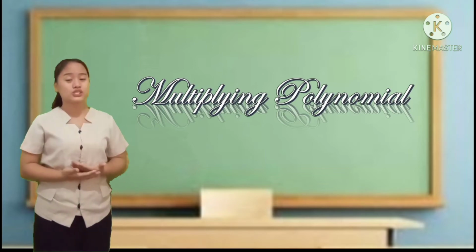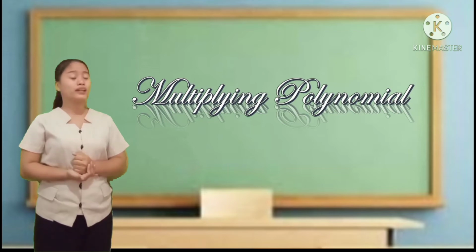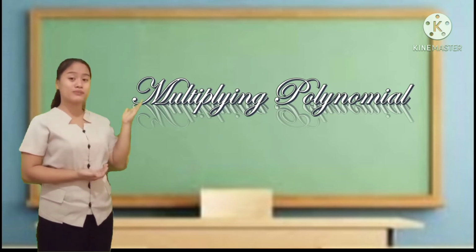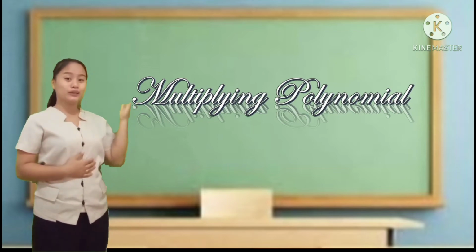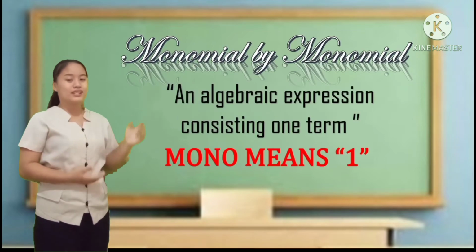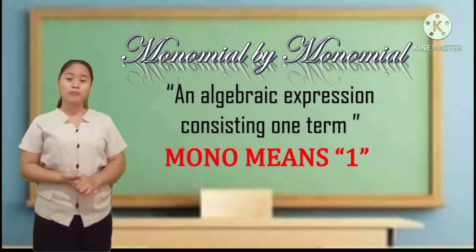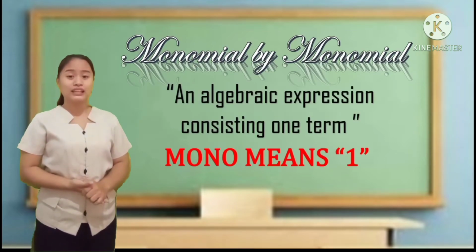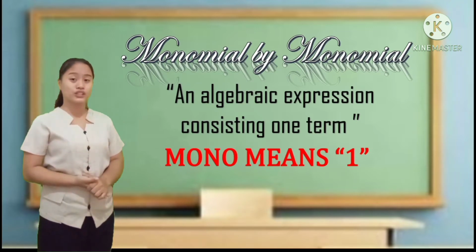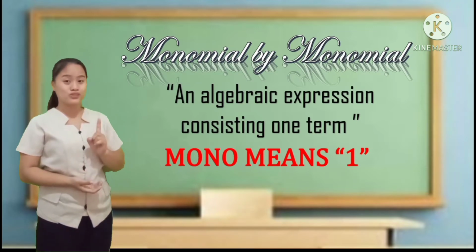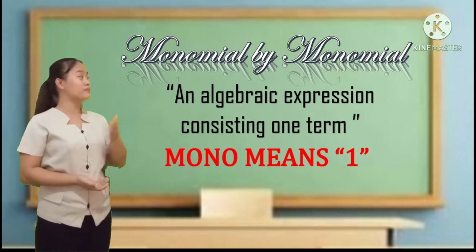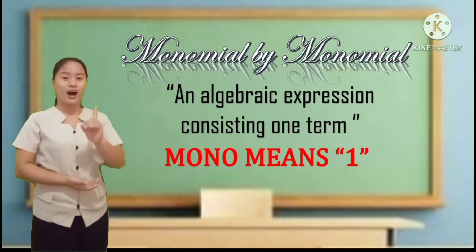So now let's try to solve multiplying polynomials, specifically monomial to monomial. When we say monomial, we are referring to an algebraic expression consisting of only one term, because the word mono means one.